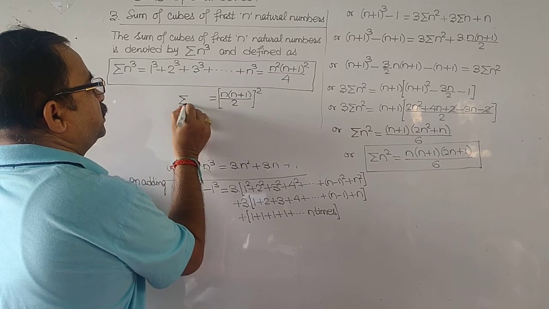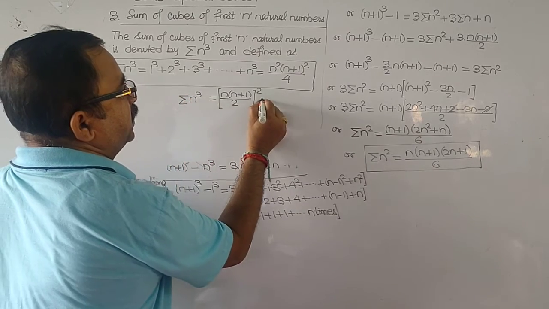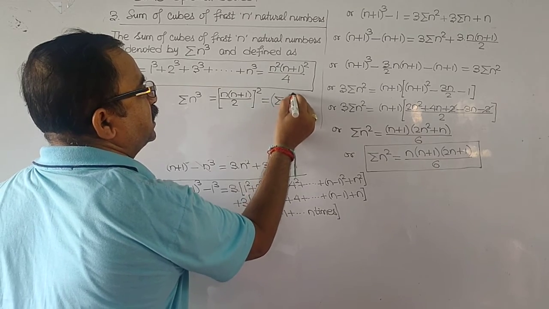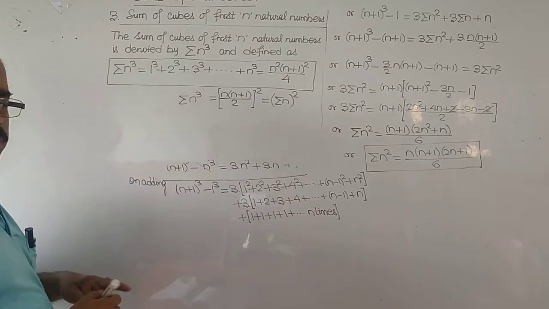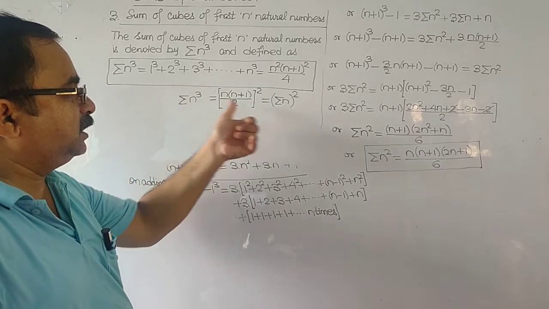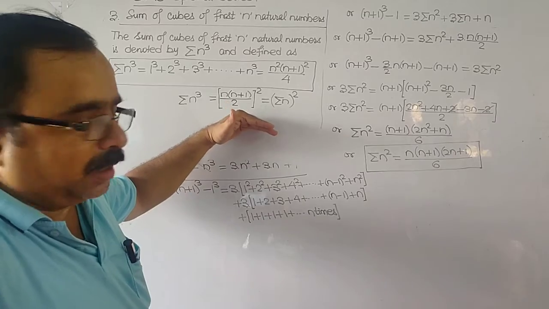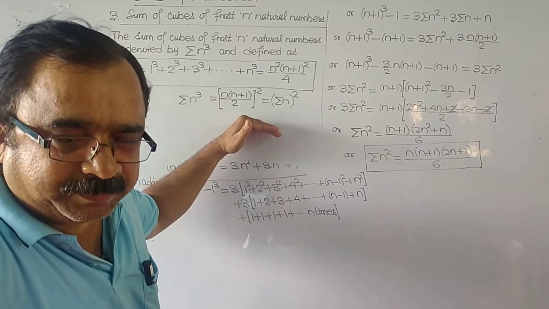Summation n cube is summation n to the whole square. Summation n cube is summation n to the whole square. You are also eager to know how it takes place.